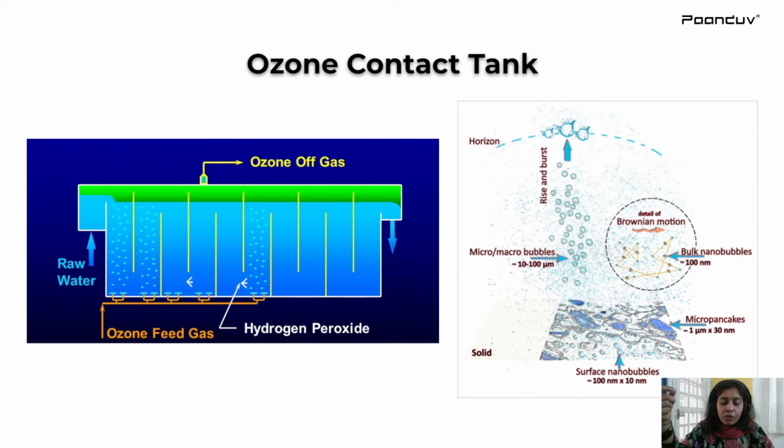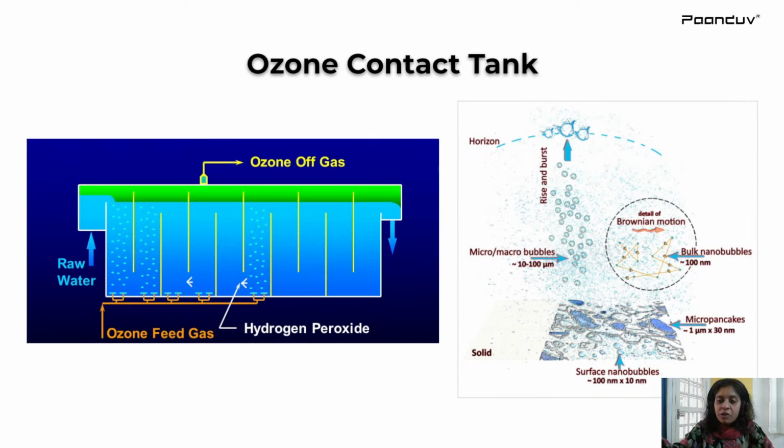But if you reduce the bubble size to 100 to 200 nanometer, you can increase the retention time of these bubbles. This will exist in the system for longer, and it will interact with the impurity in a much more efficient manner.